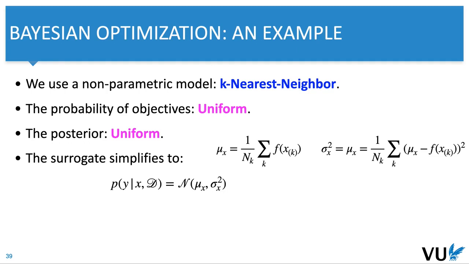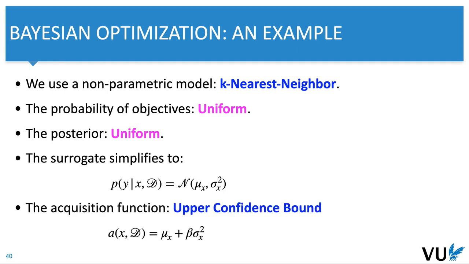Okay, so then it's very simple. So this is the surrogate, and of course I can use some acquisition function, for instance upper confidence bound. The upper confidence bound tells me where to look using the mean and variance and some scaling of variance. Okay, there are many other acquisition functions, but here I just use this.